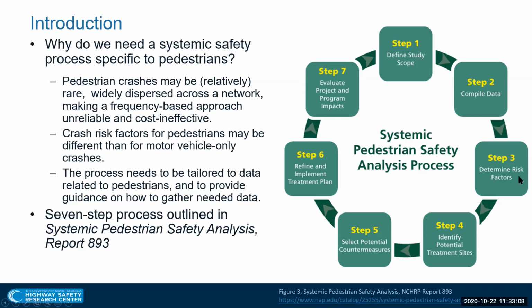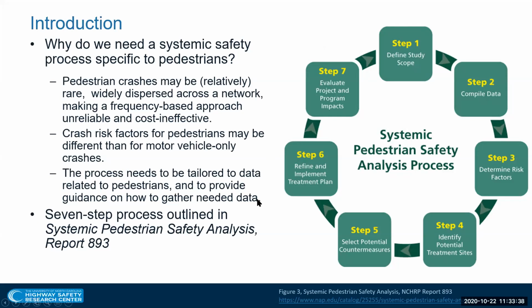And then you use all those data to analyze and determine risk factors. In step 4, you identify potential treatments and treatment sites, and then you select the potential countermeasures that can address the risks at those locations. And then in step 6, you refine and implement your treatment plan, and step 7, you evaluate the plan.